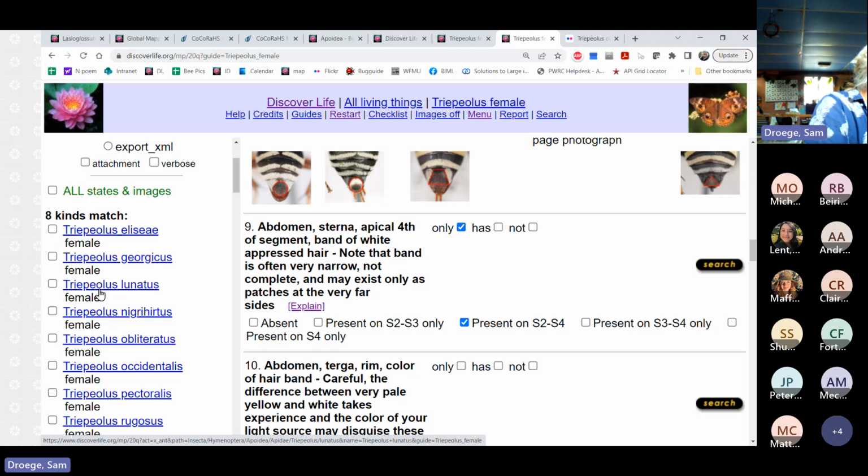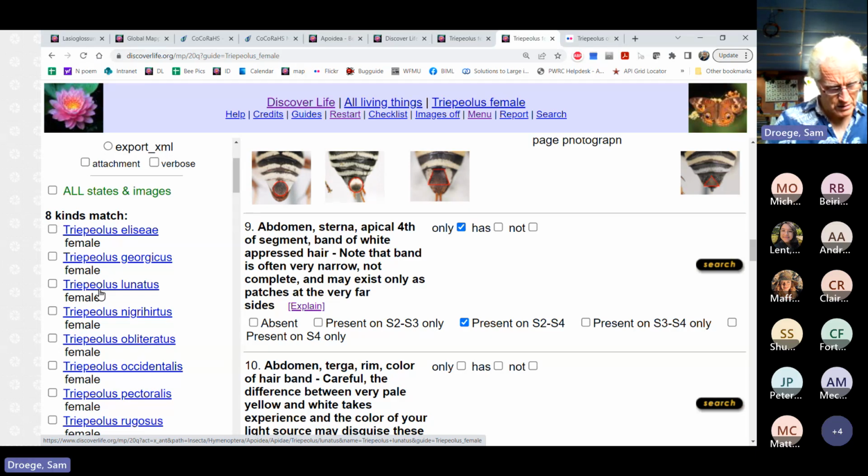All right, so this is good. So we have our lunatus, and we get a good angle here. And I have another specimen on here that I want to put away. This is the donatus, the one with the hairs on the sides of the mesepisternum. Trying to keep my specimens all in a row here.